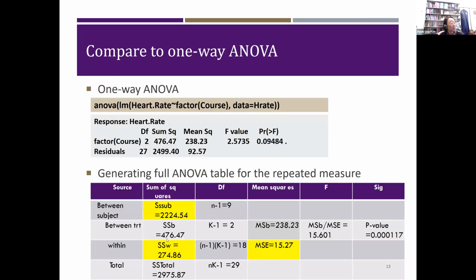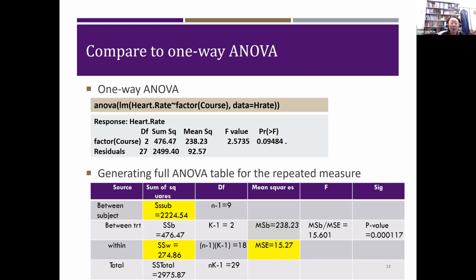So SSB, 476.47, divided by 2975.87, is 0.16. And we can see this table is an extended version of the first table in the previous page, produced by using the ezANOVA function.